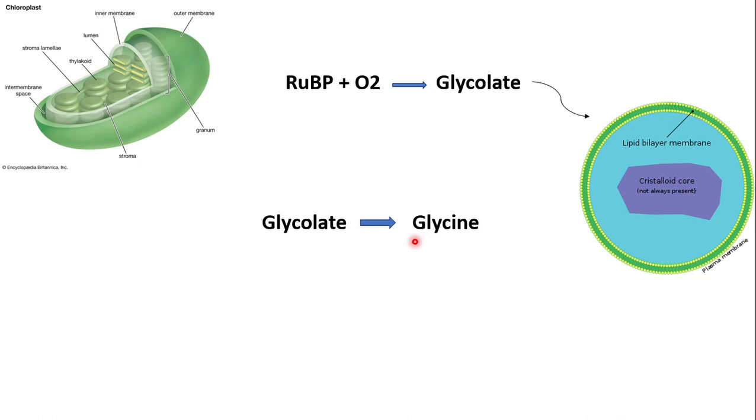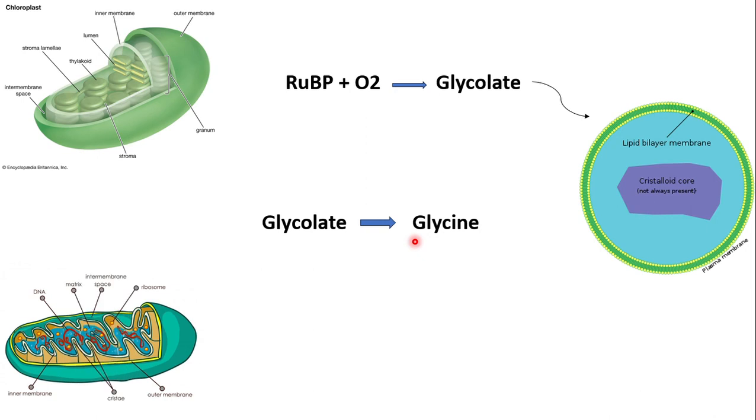Glycine, you know, is the simplest amino acid, and soon after its formation it diffuses into the mitochondria. And in the mitochondria, two glycine molecules will react with each other and then produce serine. And in addition to the serine, there will be the production of carbon dioxide. So this pathway in which the RUBP is changing into serine and there is production of carbon dioxide is called photorespiration.